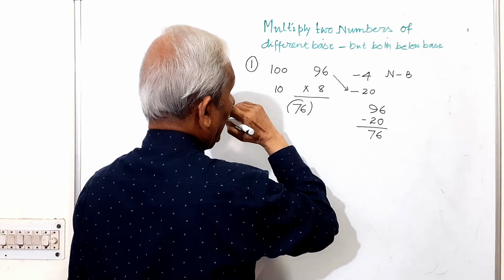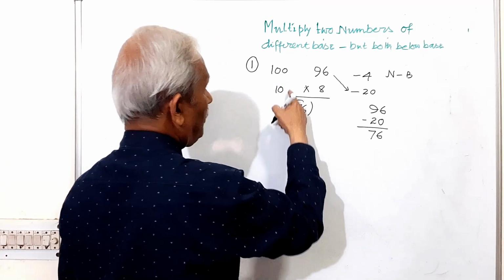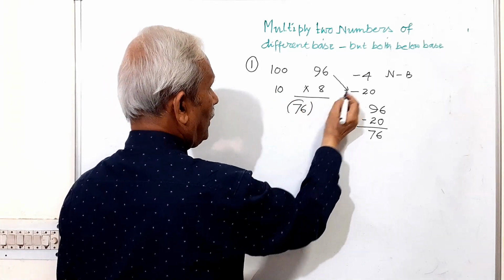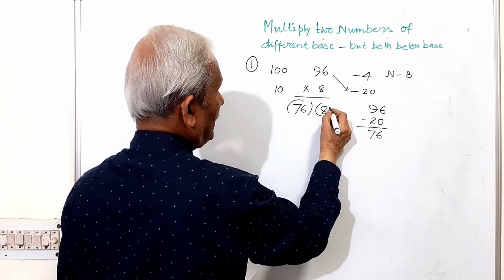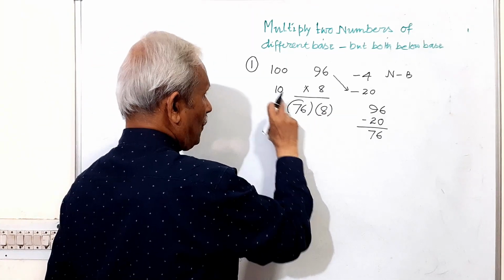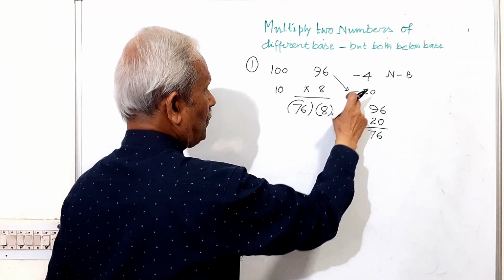In the lower base there is 1 zero, so there will be one digit only. Minus 4 into minus 2 is 8.